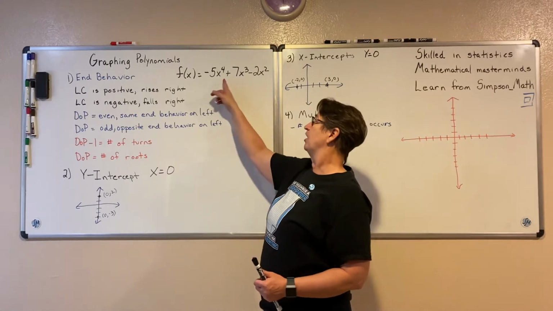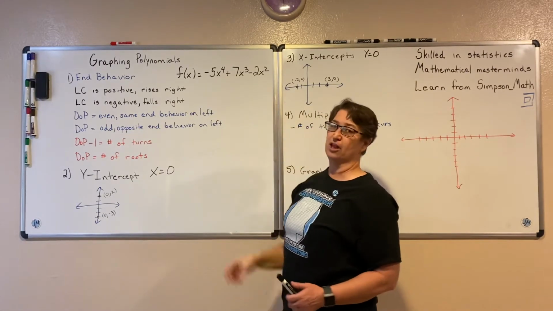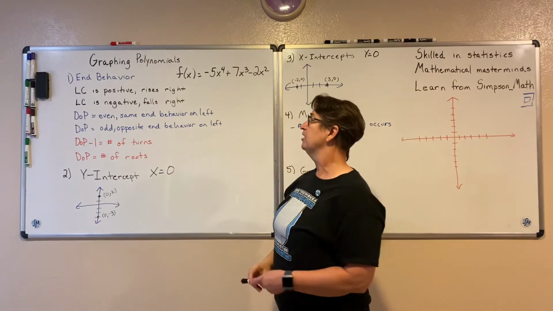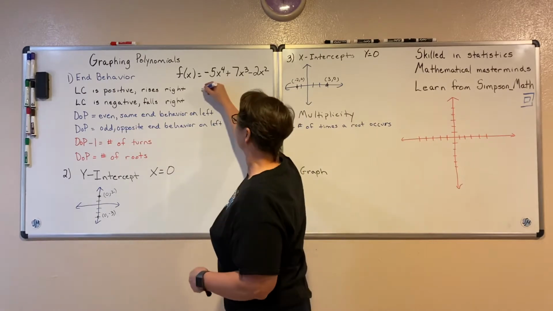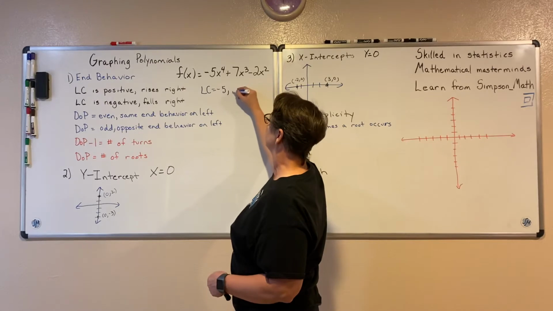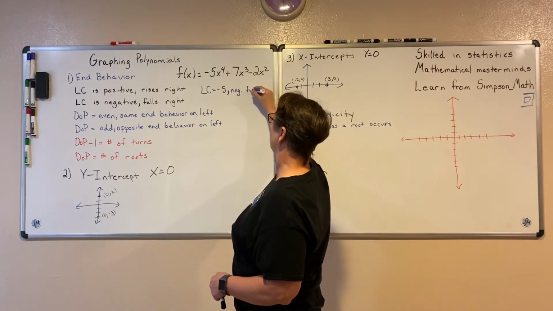On this fourth degree term here, this is a fourth degree polynomial, and so my leading coefficient there is -5. So notice that in this case, my leading coefficient is a negative number. Because it is negative, I know that it is going to fall on the right.